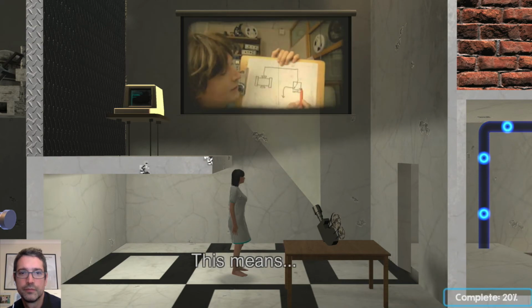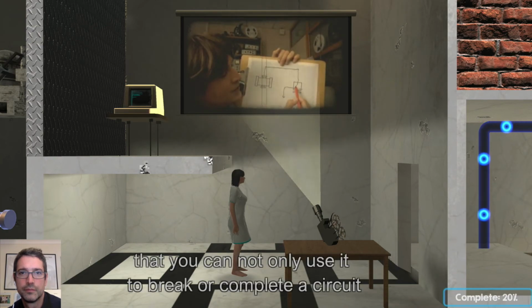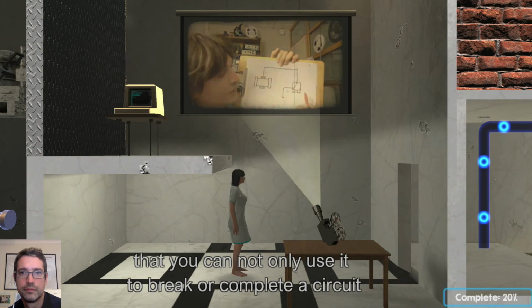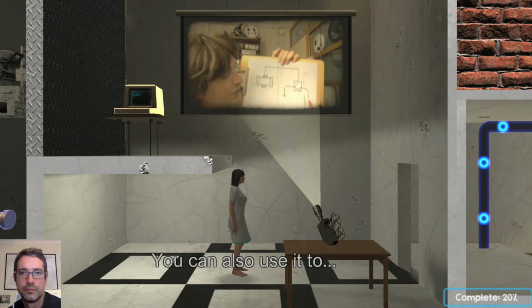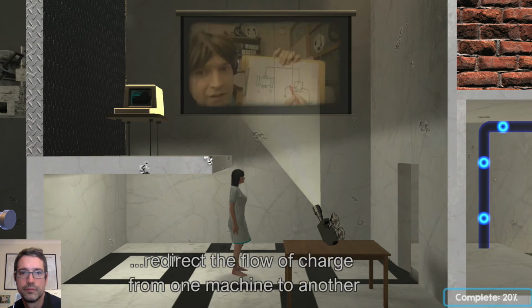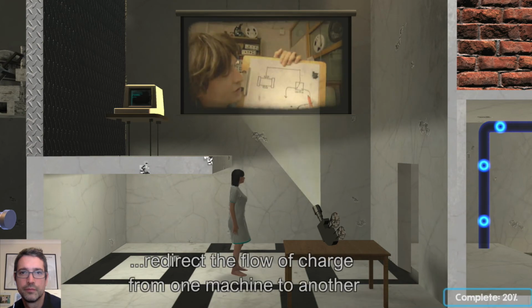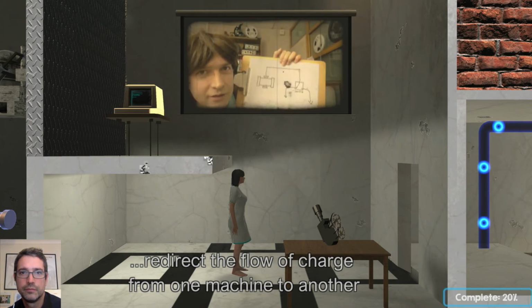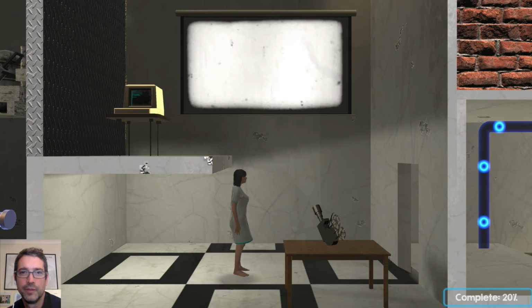This means that you can not only use it to break or complete a circuit, you can also use it to redirect the flow of charge from one machine to another. Okay, let's do that then.